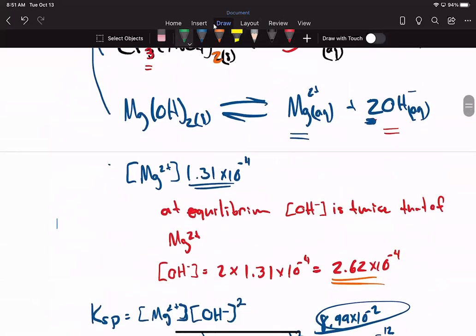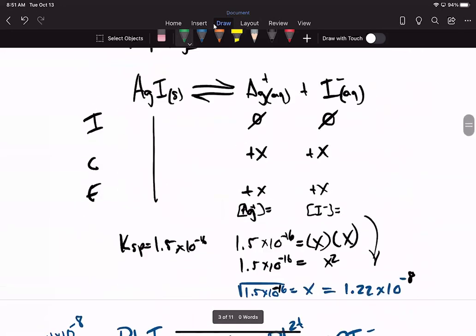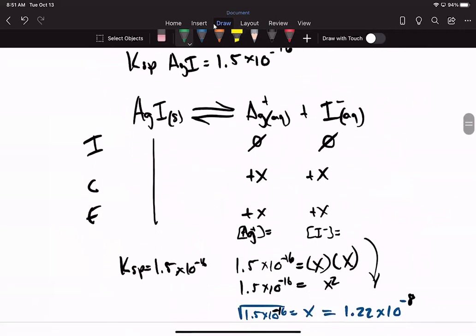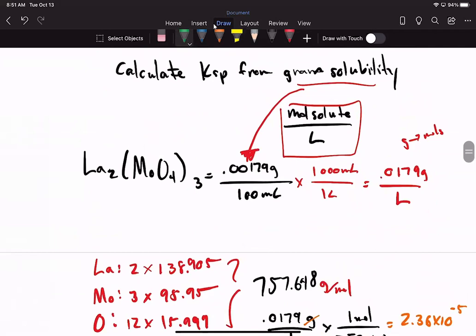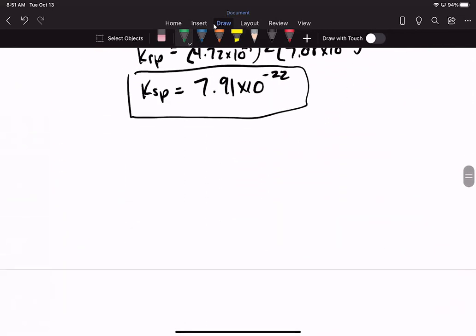I know that the concentration of hydroxide is twice the concentration of magnesium. We've also made ICE tables: if I'm given the Ksp, we can make an ICE table and come up with the molar solubilities, which we've done a couple times. And we can calculate Ksp from gram solubility if we're given some actual amount, and calculate Ksp values from that.